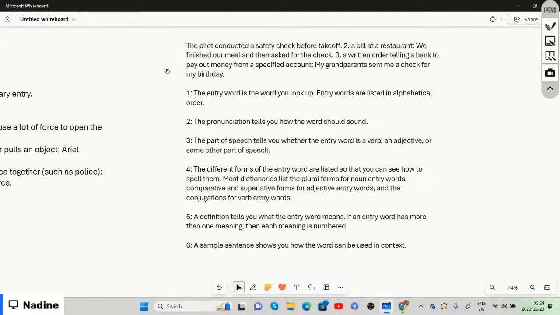They'll sometimes give you the comparative as well as the superlative forms of adjective entry words. And they'll also sometimes give you the conjugations for verb entry words. But not all dictionaries do, but like we say, most dictionaries do that.